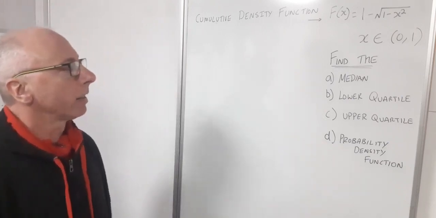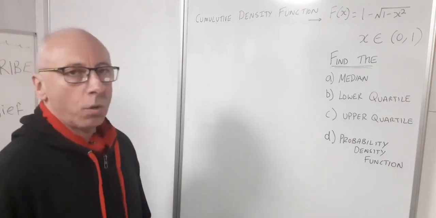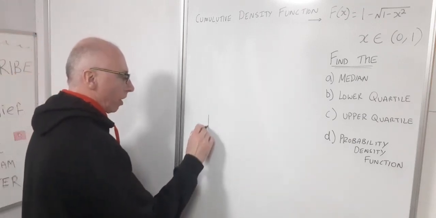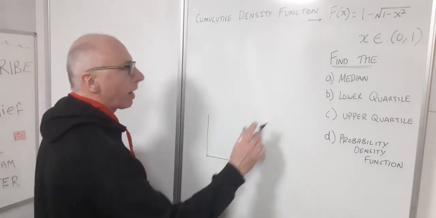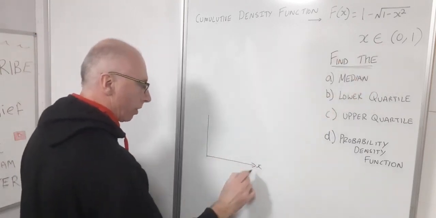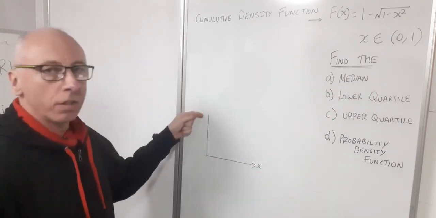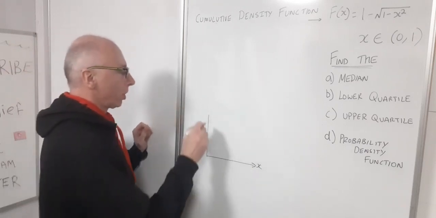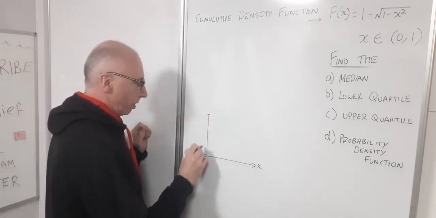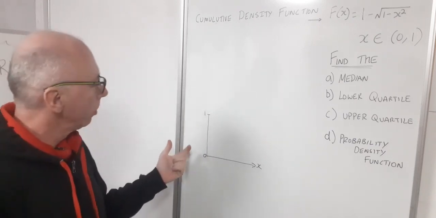function at the end. So cumulative density function, what this will look like on a graph: we have our random variable x going along the bottom, and our range for the cumulative density function just goes from 0 to 1, because the total of all probabilities will just total to 1.